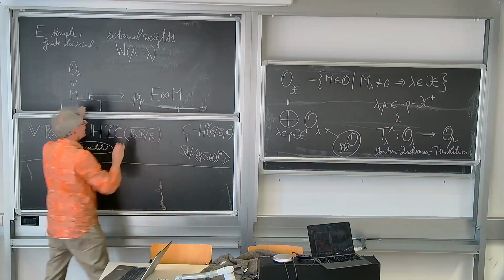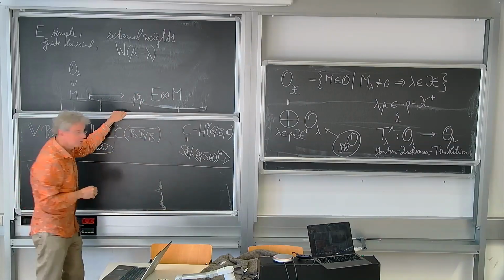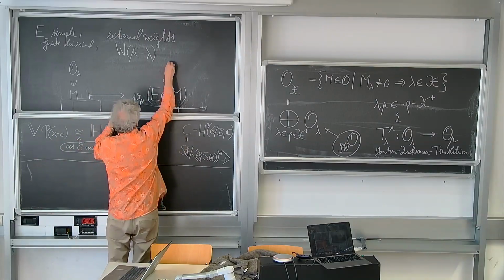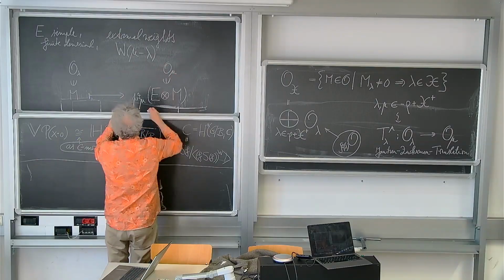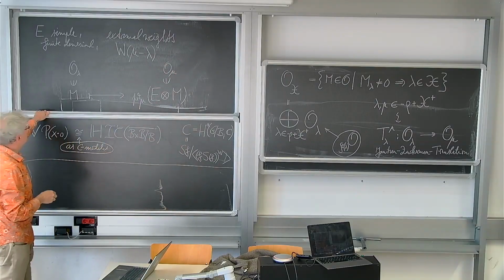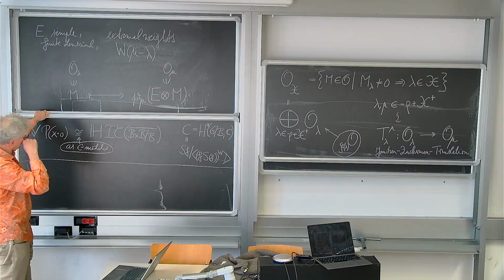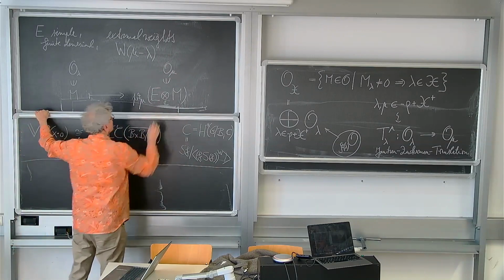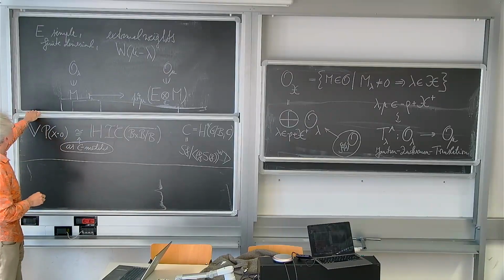We take the part with the correct new central character. And this will be then in O mu. And this is the translation functor.